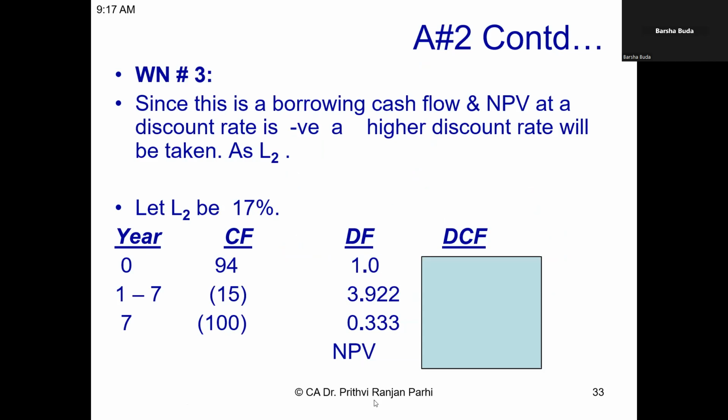Okay, once again, let me show you what is the factor at 7%. Okay, just 1 second. Let me share my screen with you. Now you see. So this is the single sum. 17%, you see, this is the table. At 7 years, 0.333 is the factor.